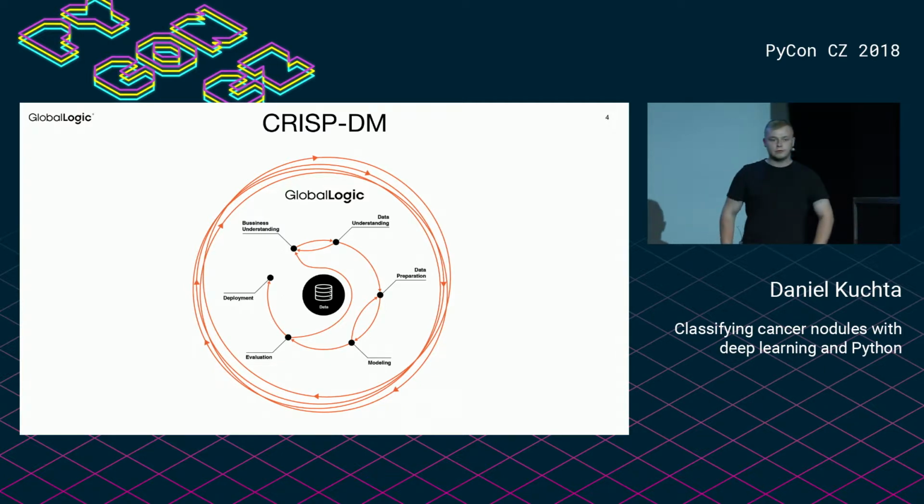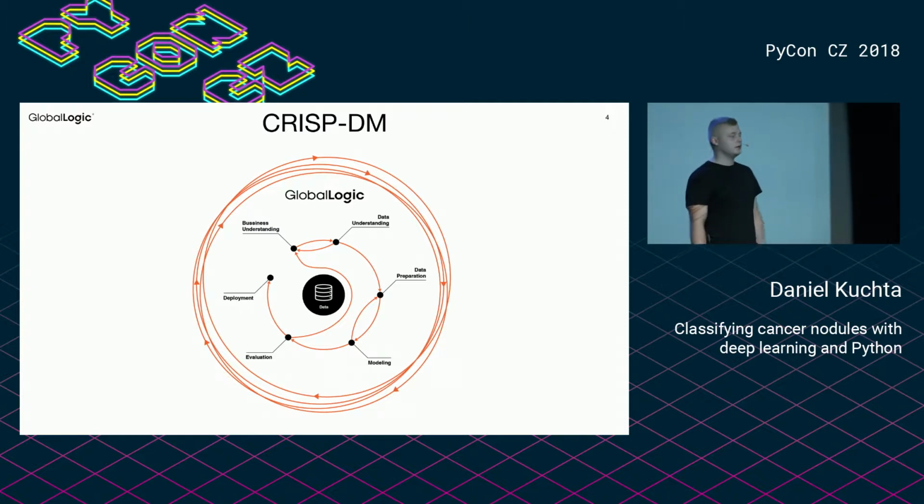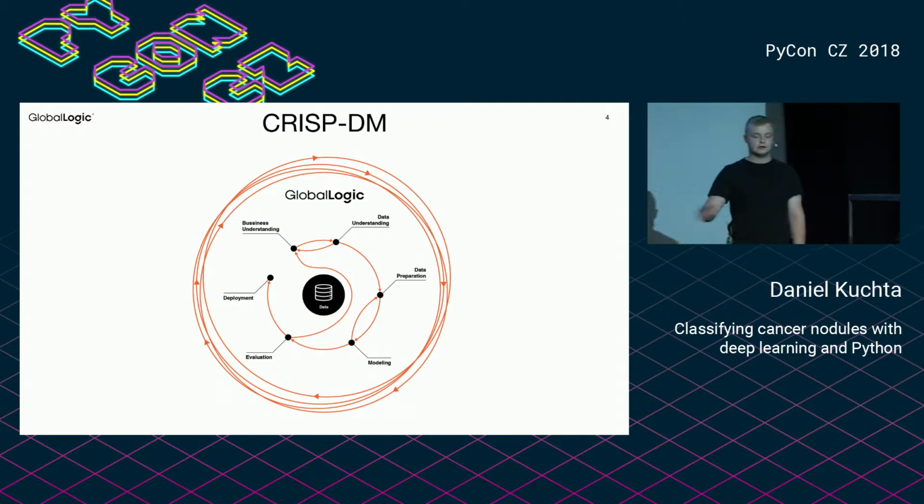So you should spend most of your time in this first part of the graph, data understanding and data preparation. Once you have your data prepared, cleaned, and everything, you can actually get your hands on machine learning and neural networks and the cool stuff.